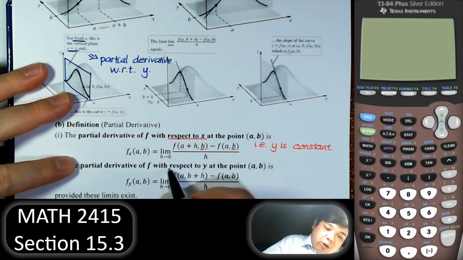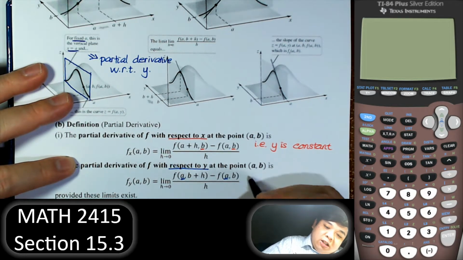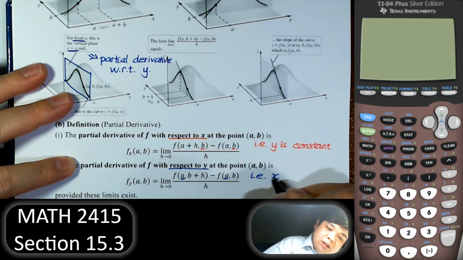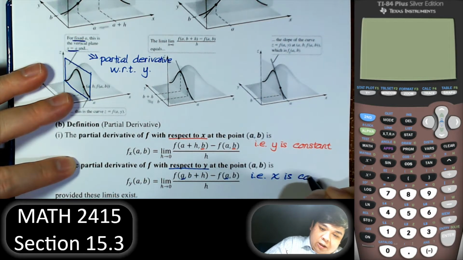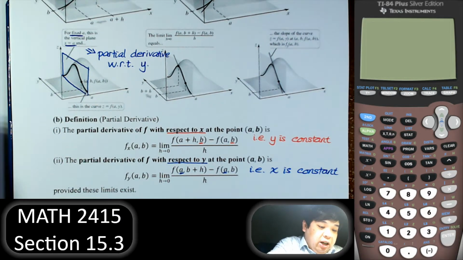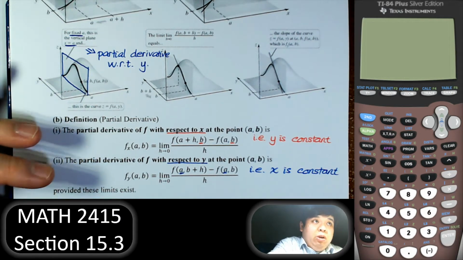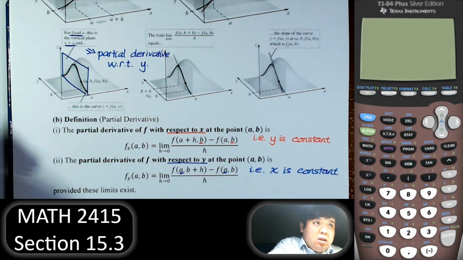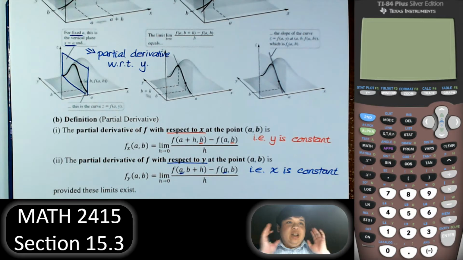And for the derivative with respect to y, we're going to keep x as a constant. And just like everything else, if we define the derivative in terms of limits, the limits must exist. So simple enough, right? Treat x as a constant, we have the derivative with respect to y. Treat y as a constant, we have the derivative with respect to x.